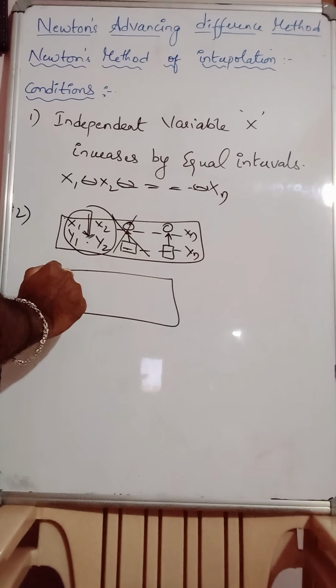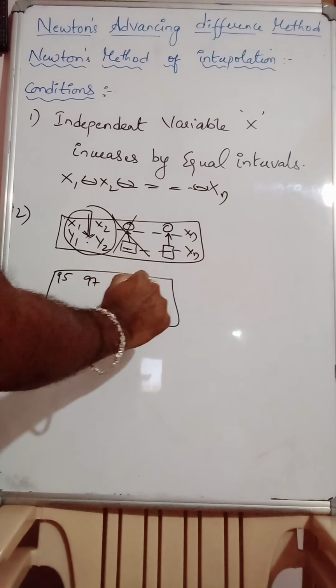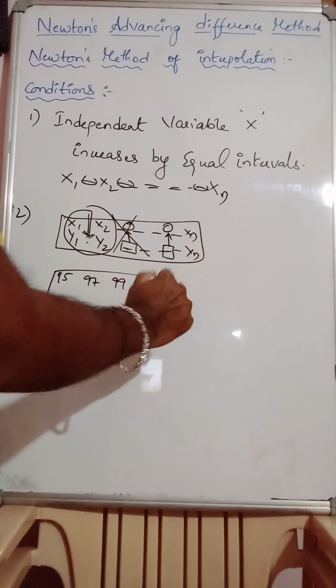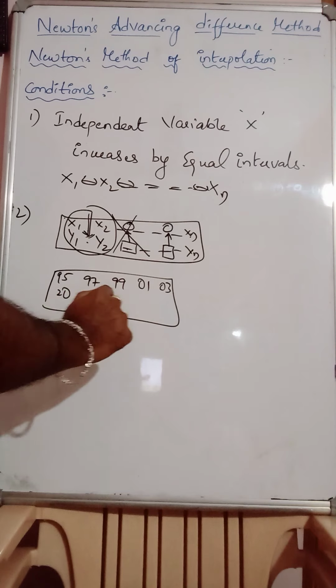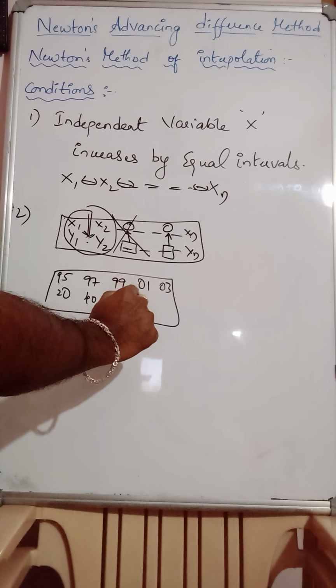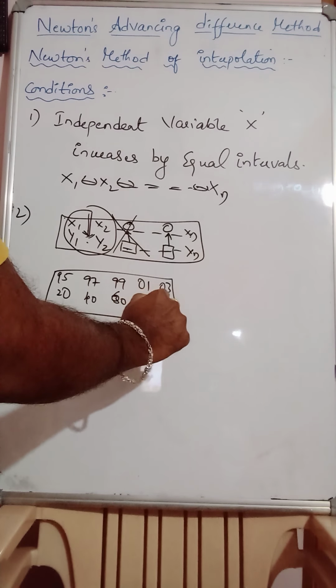For example, 95, 97, 99, 2001, 2003. All the values like this will be given, say 20, 40, 60, 70, 100.